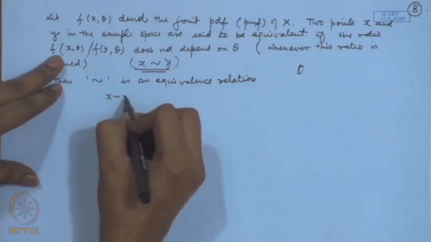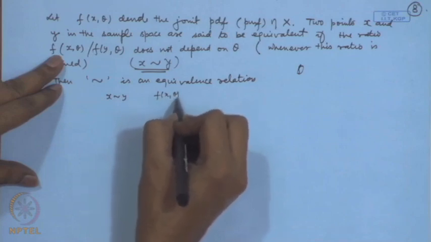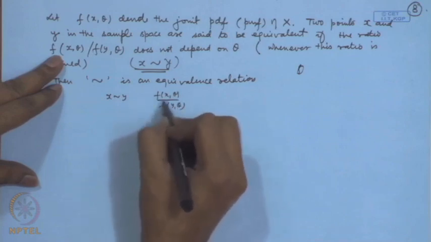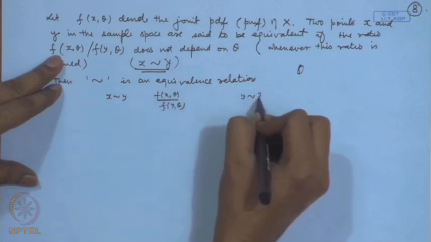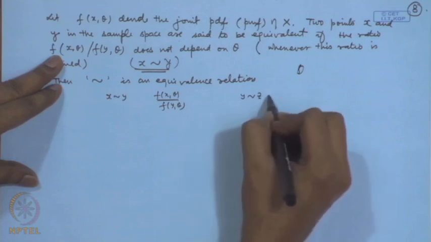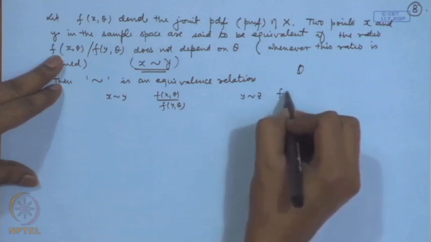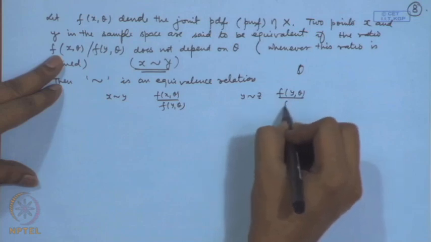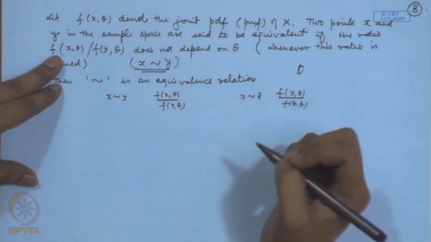If I say x is equivalent to y, that is f(x, theta) by f(y, theta) is independent of theta, and if I say y is equivalent to z, then f(y, theta) by f(z, theta) is independent of theta.